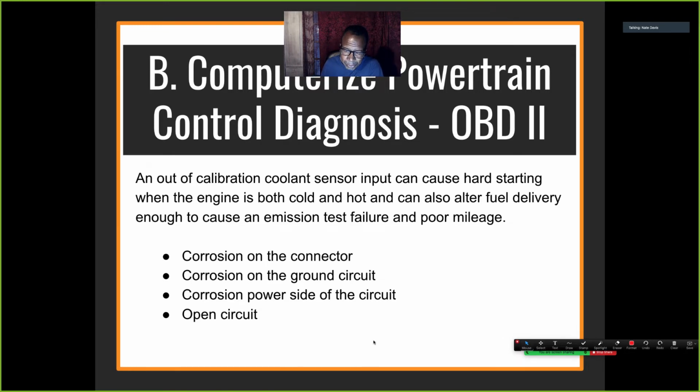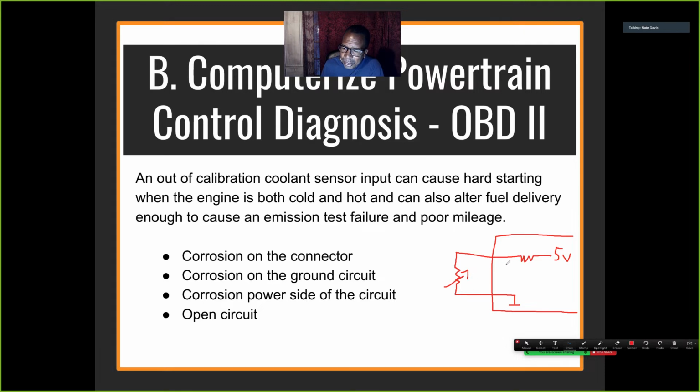Here, for example, let me show you this. I don't know if it's still in the test, because they had one. This is the coolant sensor right here. Let me draw one. And here's a coolant sensor here.